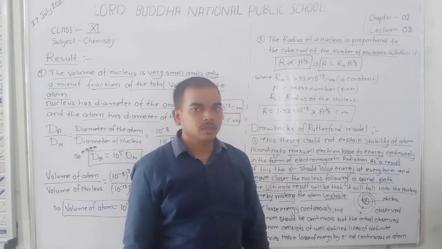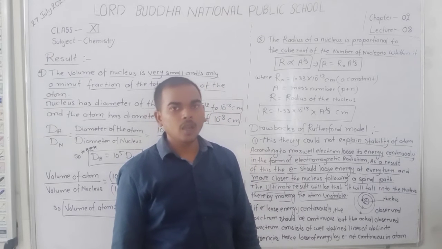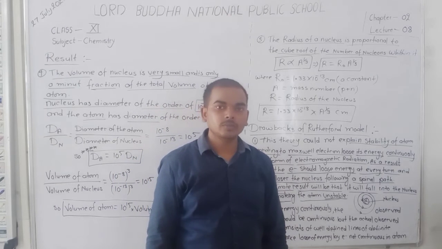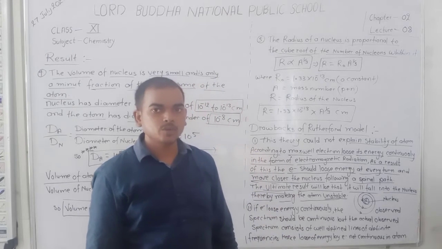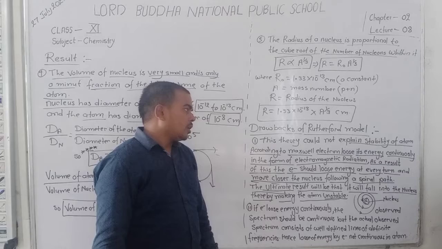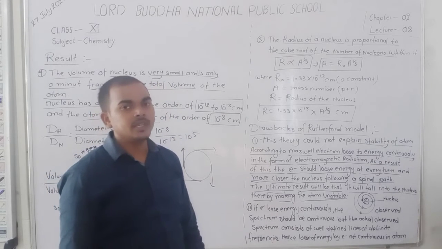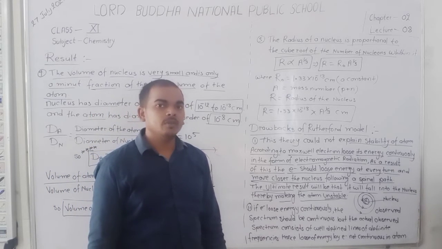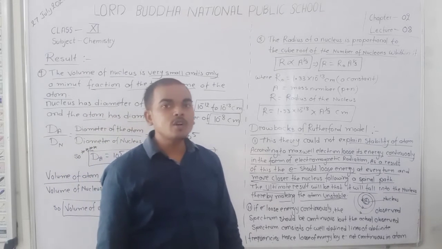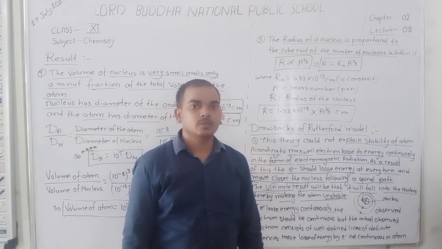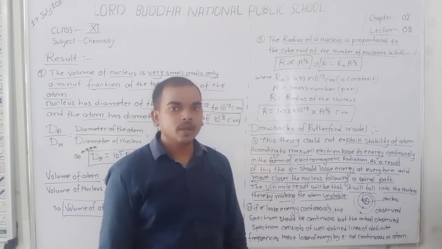In this way, the atom blasts. So it makes the atom unstable. Okay, student? So finally we say that this is the drawback of Rutherford, because Rutherford was not able to explain the stability of the atom.